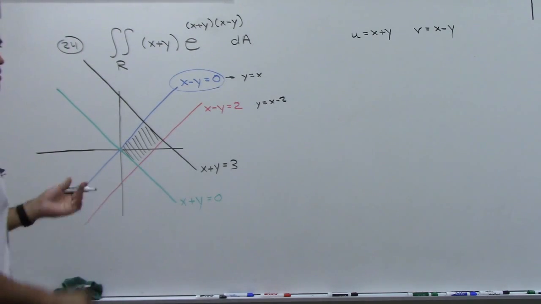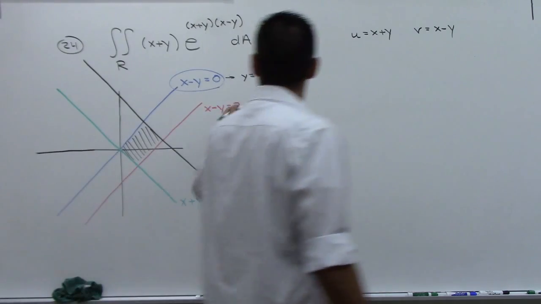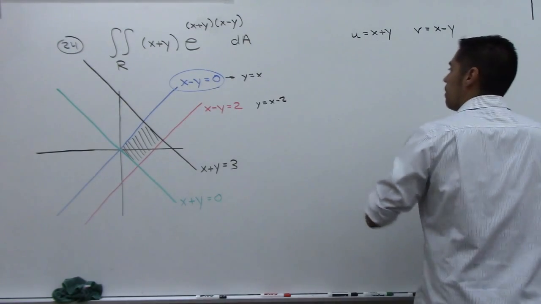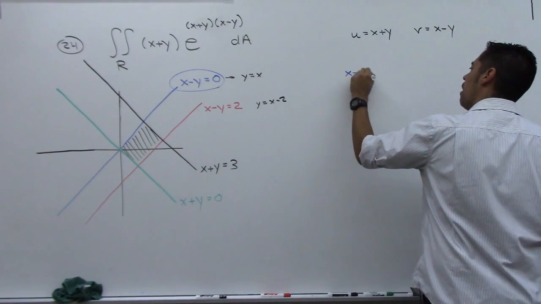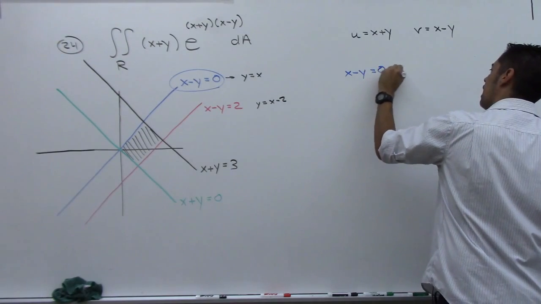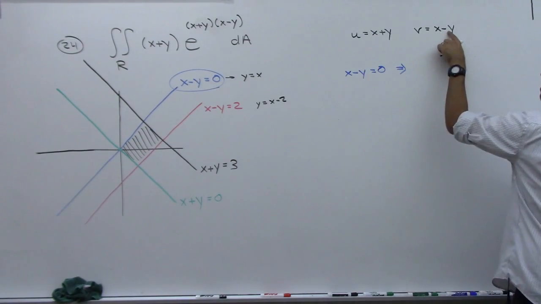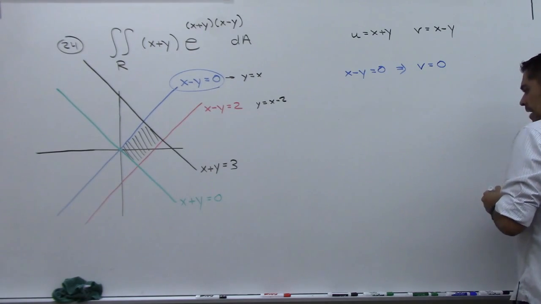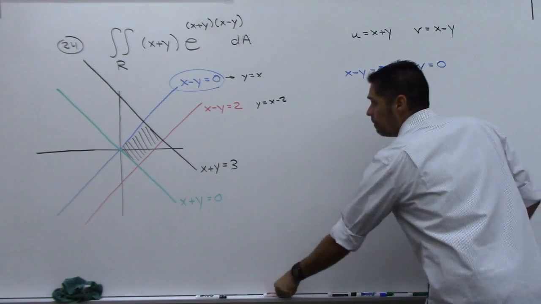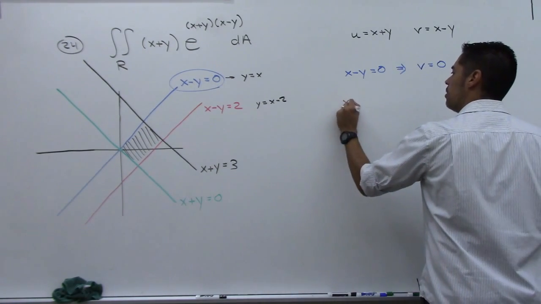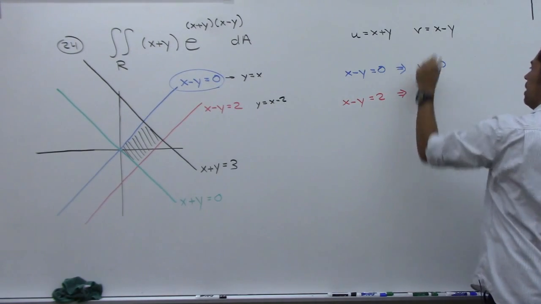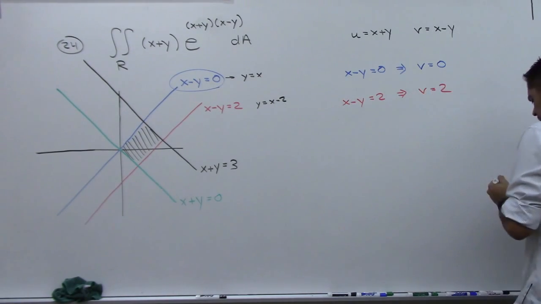Actually, yeah, this will work out perfect. Watch. If x minus y equals 0, then that implies that v must be 0. If I take the red one over here, x minus y equals 2, that implies that, again, x minus y is v, so v must be 2.